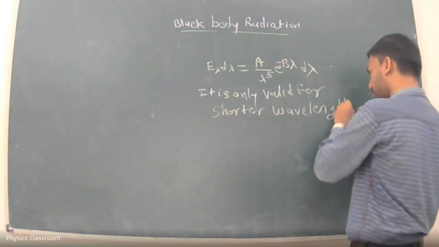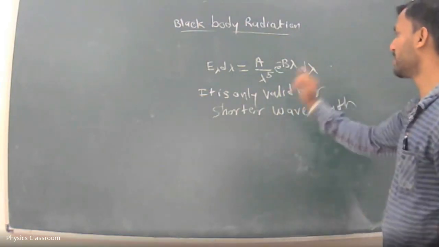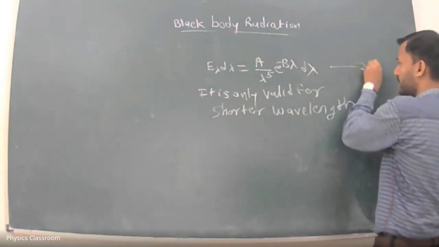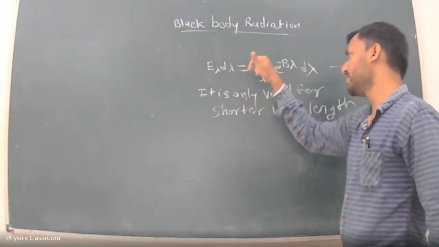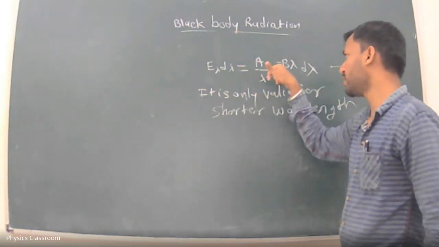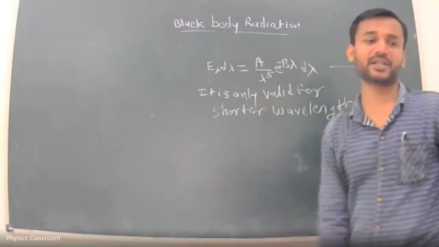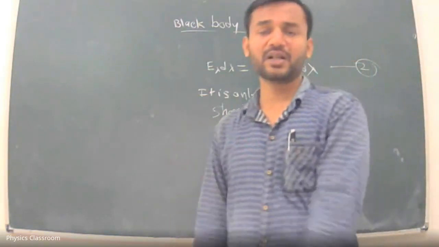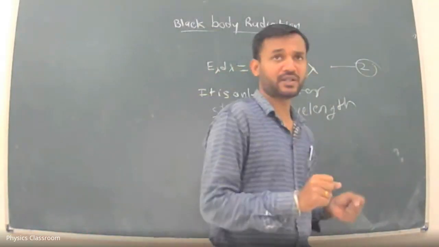He proved the black body radiation, but it is only valid for the shorter wavelength. If we call it equation number 2, E lambda d lambda is equal to A divided by lambda raised to 5, exponential of e raised to minus b lambda T, d lambda. But the Wien displacement law is only valid for the shorter wavelength region.